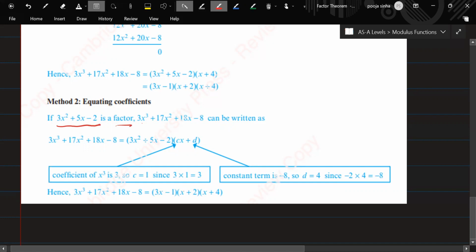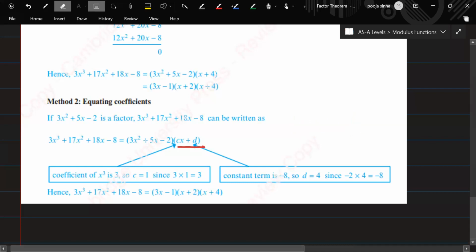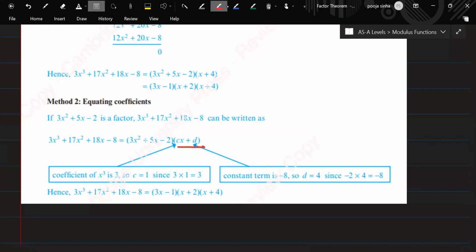So can I write this entire thing as this multiplied by cx plus d? This is very important. Generally, we take ax plus b, but since the question also had a and b, we did not take it as ax plus b. So they have taken cx plus d. Now, one important pointer here.